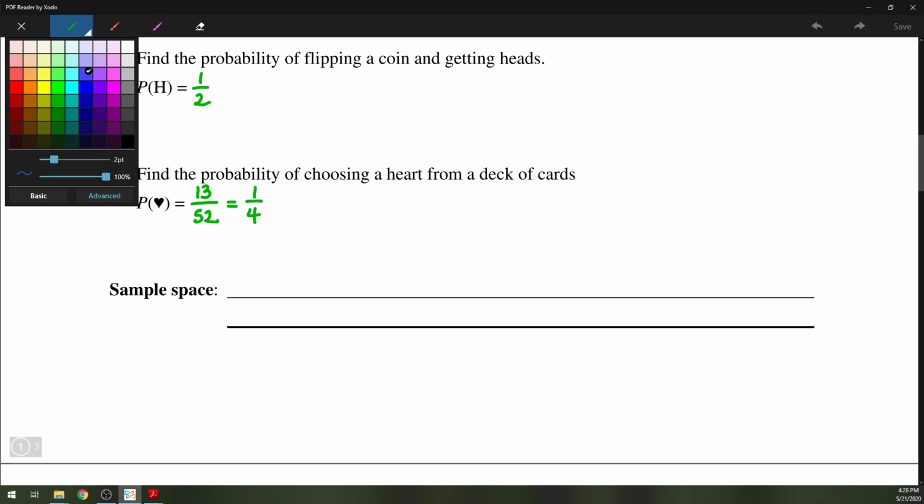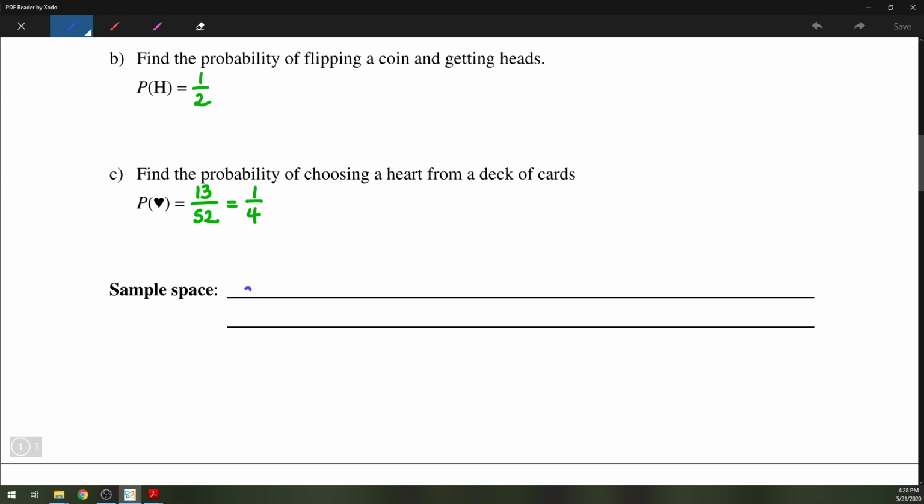Okay, so sample space is a list of all possible outcomes for a probability experiment. Okay, let's see how to write some sample space.